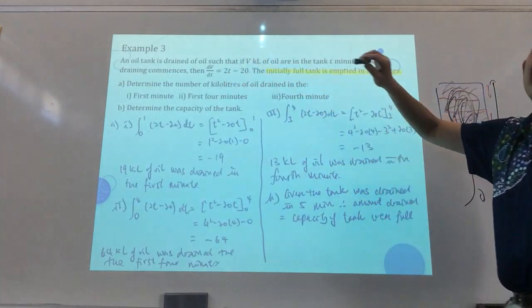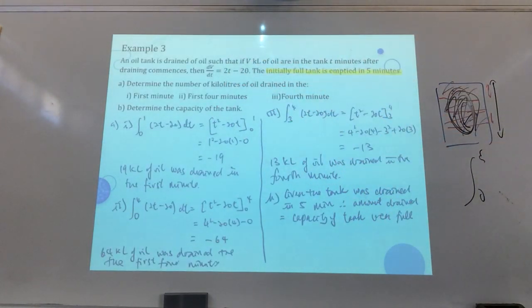You can see the nuances of the questions, how you interpret that. And then if you do that, you can say that the capacity is 75 kiloliters. You will find a negative value. The negative value is just the value of the definite integral. You need to be able to interpret the definite integral.